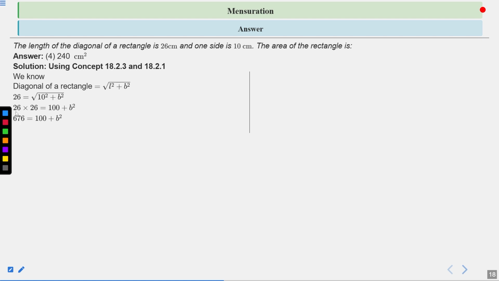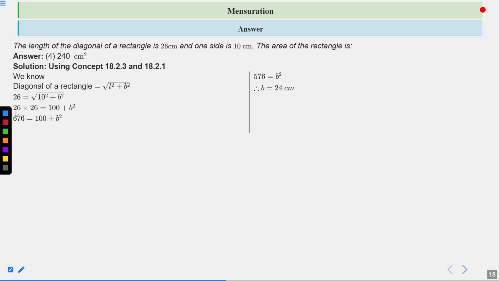So 26 square becomes 676, which is equal to 100 plus B square. Now we can subtract it, and we get 576 equals B square. So we get B, which is 24, because 576 is the square of 24. So we get the breadth.